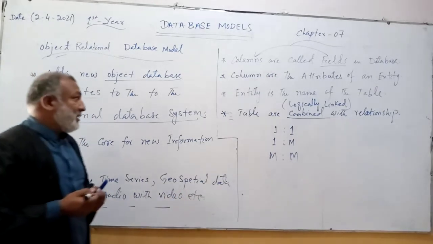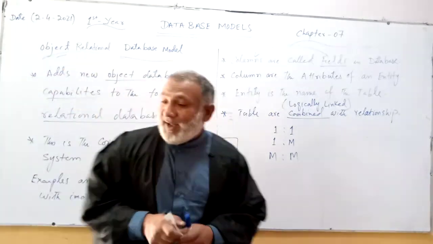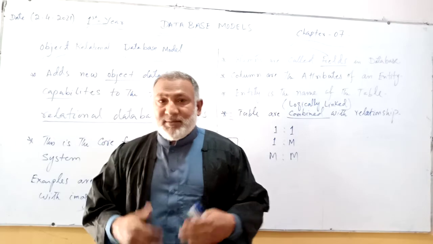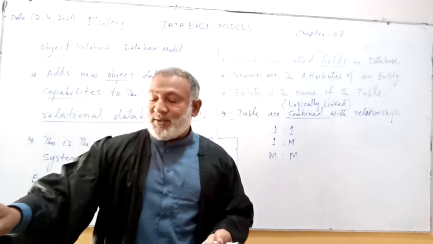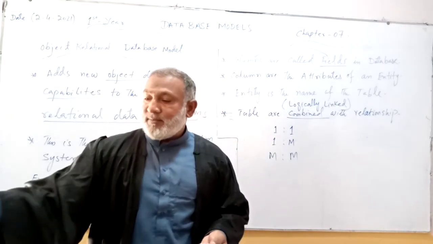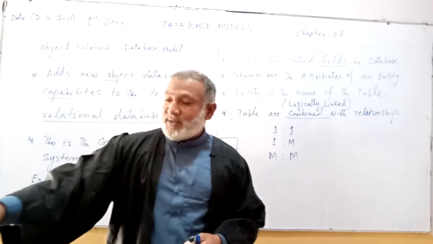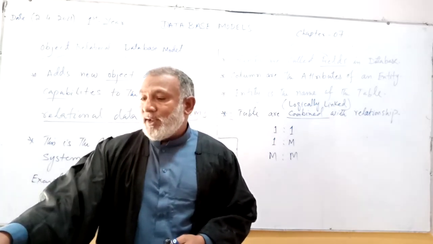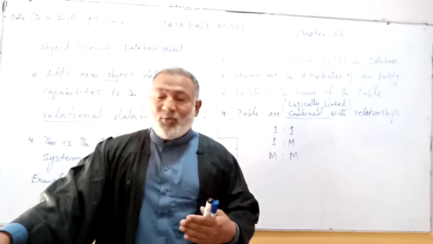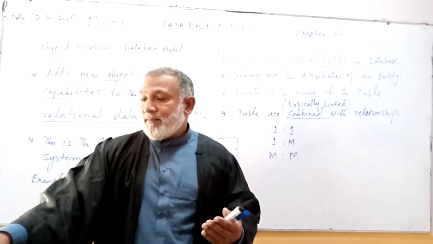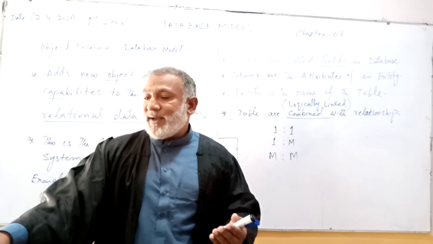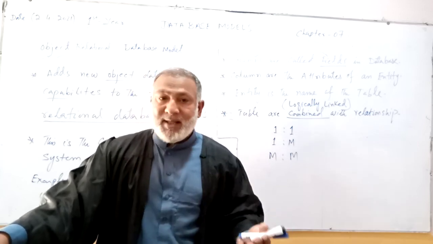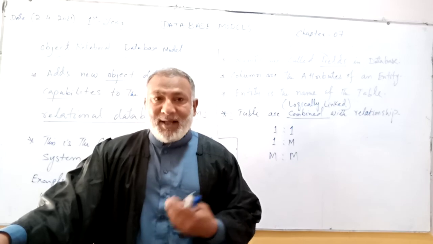So students, this was the last database model that we have discussed. Let me revise shortly what we have discussed today. We have discussed five database models. And what is a database model? A database model shows us how data is to be stored, organized, and manipulated in our database system.